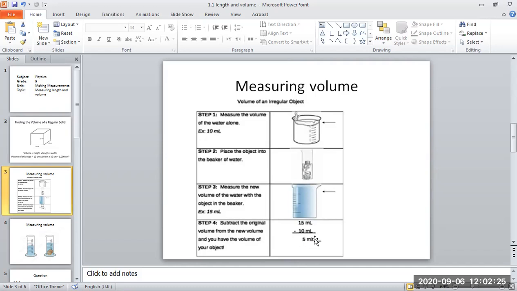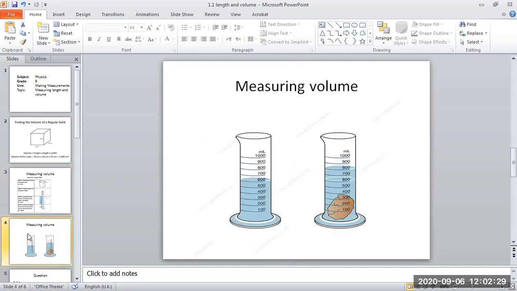That is your volume. Okay, now here are two measuring cylinders, here milliliter. First you take this cylinder, then you put this liquid inside it. At this time you look at the value, this is 600 milliliter. Okay, now you note this value.